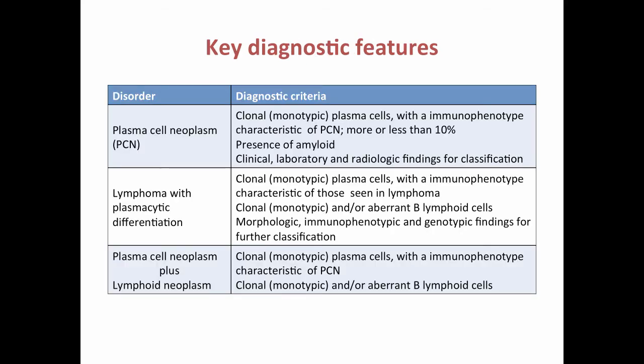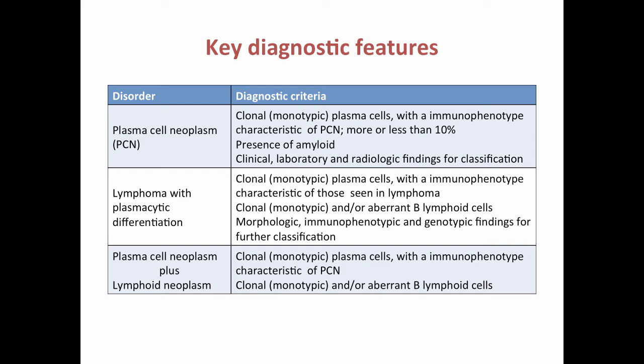The key finding for a diagnosis of a plasma cell neoplasm is the presence of clonal plasma cells, usually identified by monotypic expression of kappa or lambda light chains. However, in order to distinguish from lymphoma, it's also important to demonstrate a plasma cell immunophenotype characteristic of a plasma cell neoplasm.